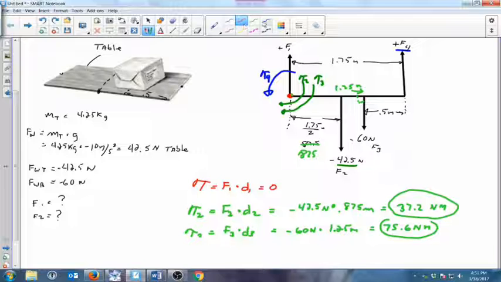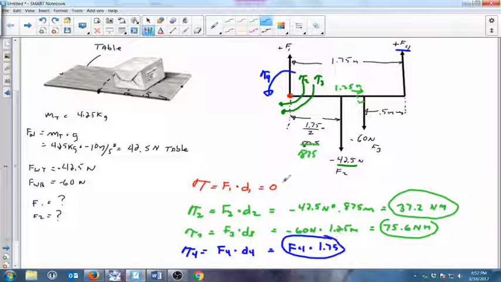We'll do it in blue. Torque 4 is equal to F4 times distance 4, which is equal to a plus, I don't know the values, I'm just going to put in F4, times 1.75. And that's all I can do on that. I've got 3 important values. Actually, I've got 4, because this is important to us too.